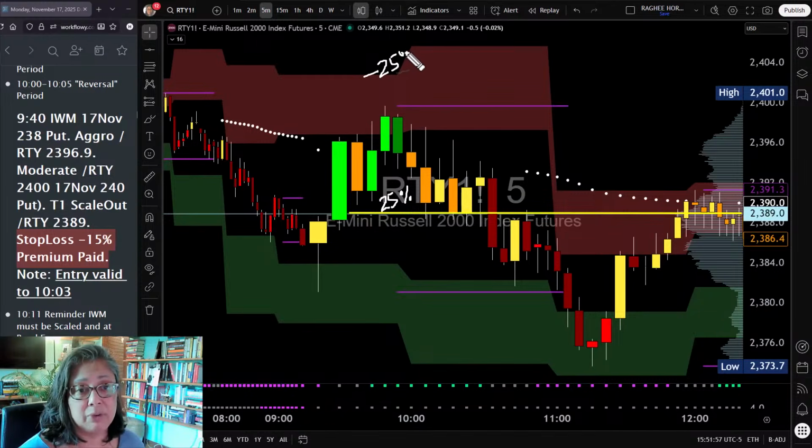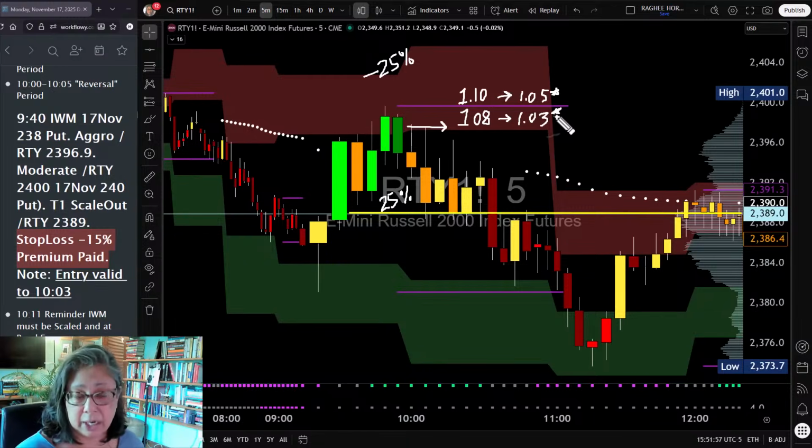So that's a 1-to-1 risk-reward ratio, where now we move the stop to break even, so that, for example, I spent $1.08 and $1.10 on the puts, which means my stop loss is going to be $1.05 if the option value reaches $1.05 or $1.03. So as long as the option doesn't drop back down to these 2 levels, that leaves my break even stop untouched. So we scale out once at 23.89.